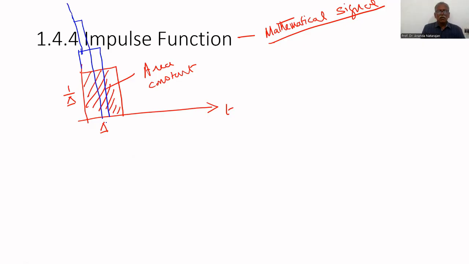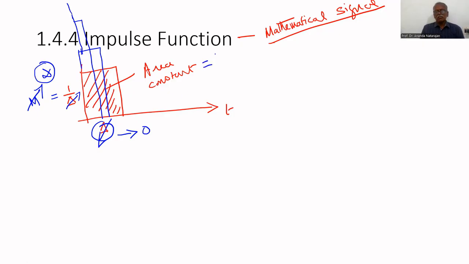As you decrease delta, this magnitude M goes on increasing. So as delta approaches 0, M approaches infinity. The limiting value of delta tends to 0, the magnitude reaches infinity. However, the area remains 1.